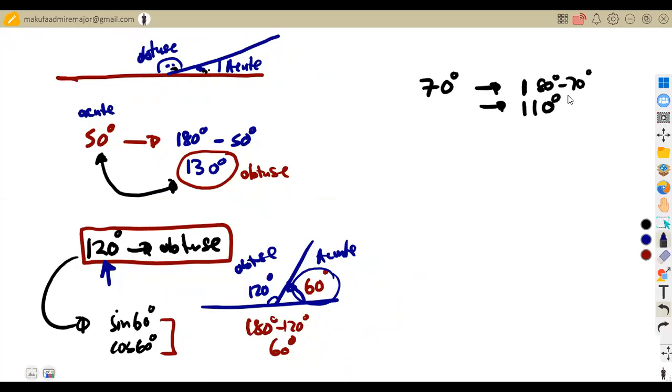So meaning to say, on the diagram, they are going to give you a triangle, whatever information, with an angle of 110 degrees. But you are supposed to take it back now to the given information. On the given information, they are going to give you the value for sine 70, the value for cos 70, the value for tan 70. They won't give you the value for this information. Why? These two share something in common.